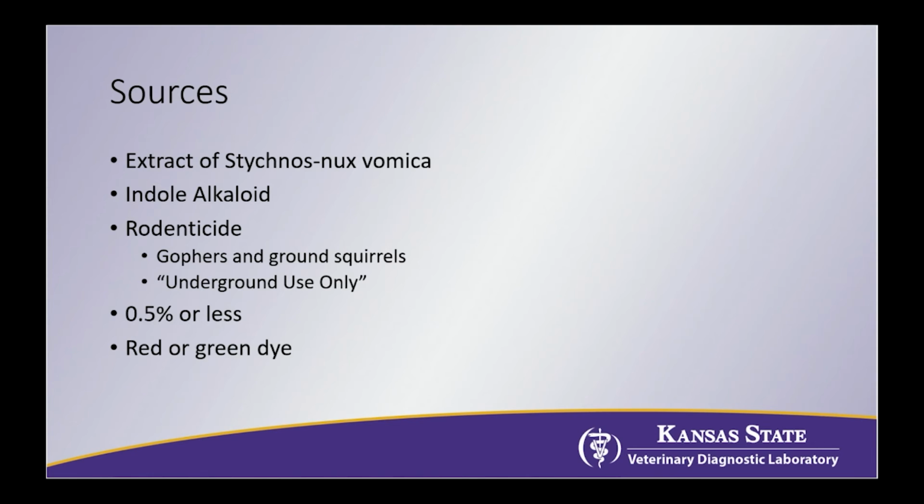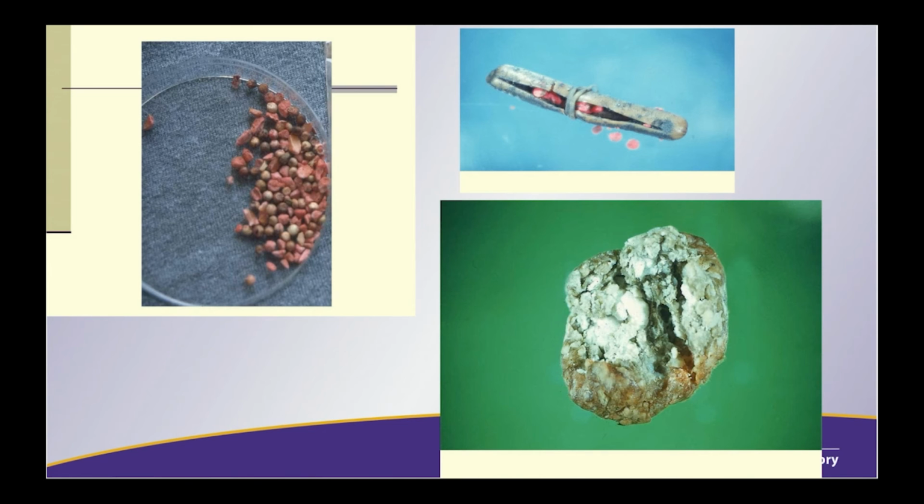But you can go to most farm and home stores, and strychnine is going to be listed on some of the ingredients. It depends on what you want to use. So we still see that. These are some examples of baits where people have baited animals intentionally with this strychnine compound.